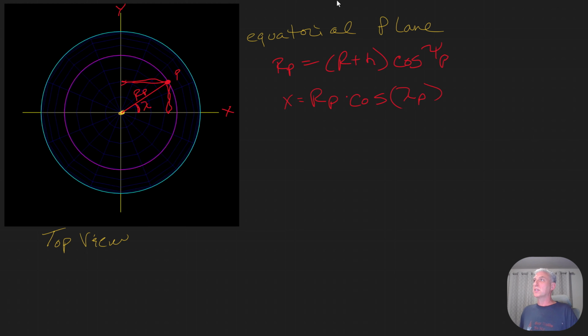If this is the longitude of P, then this distance is just RP times the cosine. And that's our x value. If I were to expand that, then just substituting this into here, we have x equals R plus H times the cosine of our latitude times the cosine of our longitude.